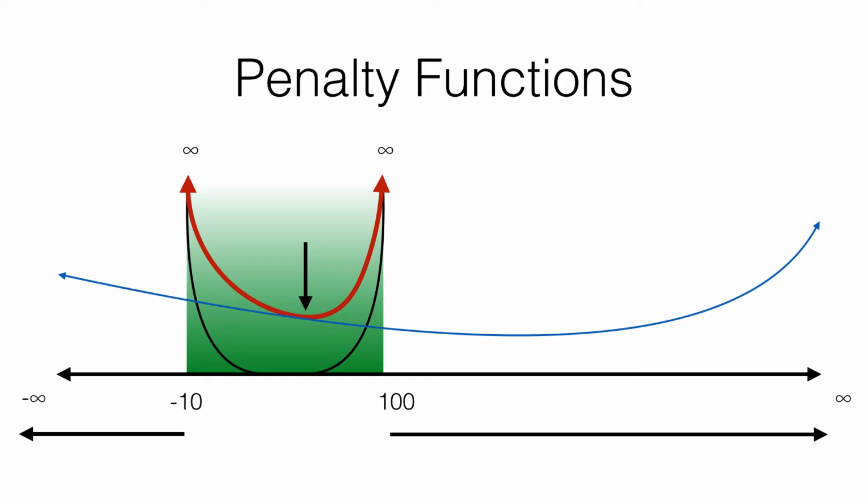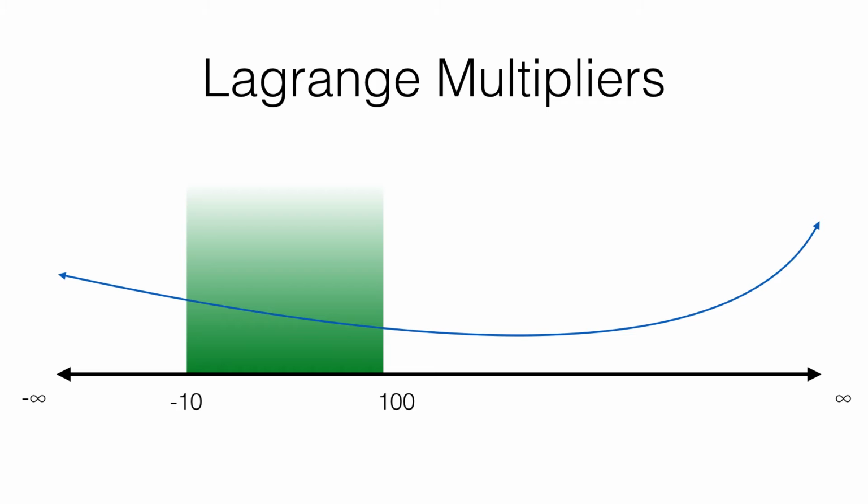Another approach for handling constrained optimization is to use something called a Lagrange multiplier, or Lagrange multipliers. The idea is that it's also a form of penalty function, but a little bit different in that you start with the original constrained optimization, like what I wrote on the screen here. You have a minimization over the variable x of some function f, subject to a constraint written as another function g, so g of x has to be 0.